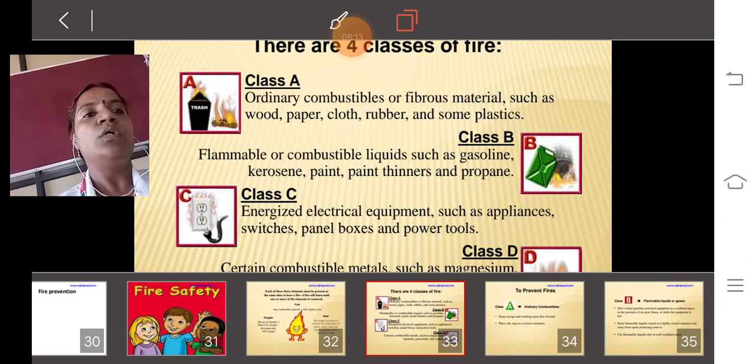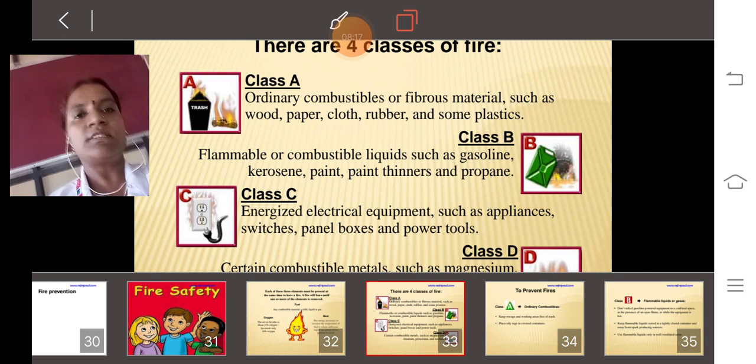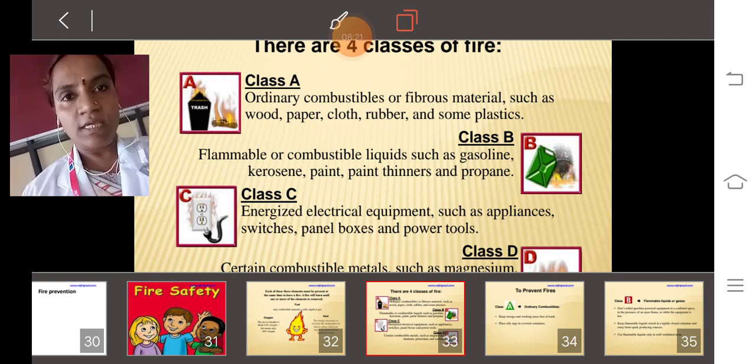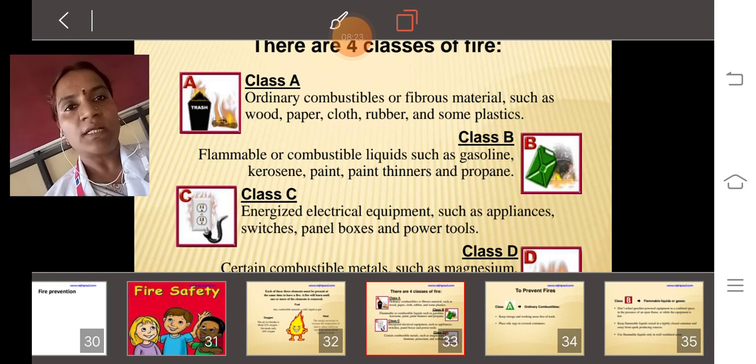Next, we straight away move to the 4 classes of fire. Fires are classified into 4 classes. The first one is class A, and class B, class C and class D. In class A, the ordinary combustible materials are called class A. For example, wood, paper, cloth, rubber and so on.